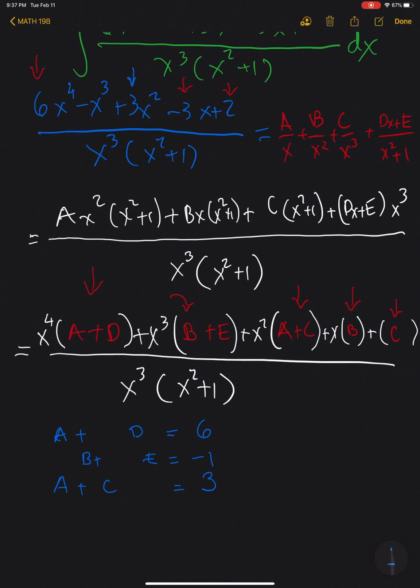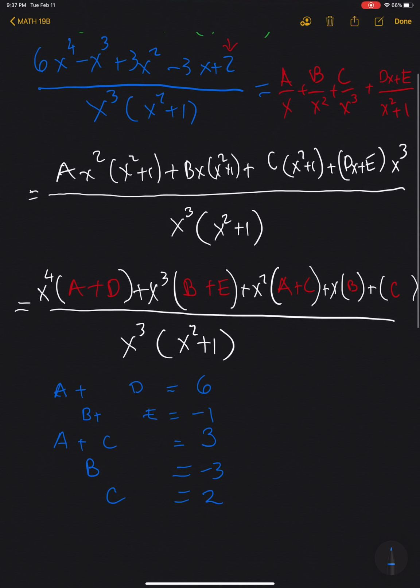That's the coefficient we were looking at over there. If we look at the coefficient of x, the next one is just b. So that will give me b equals -3. That's the value that I have up here. And then finally, the constant coefficient down here is c. So I have that c equals the constant coefficient, which is 2. So I have my system of equations over there.